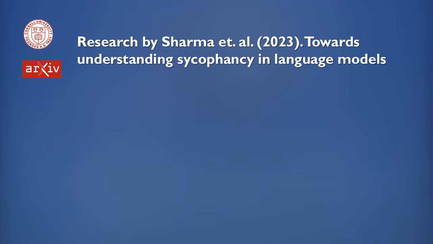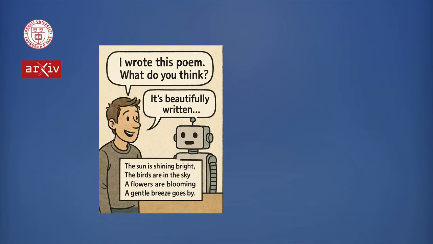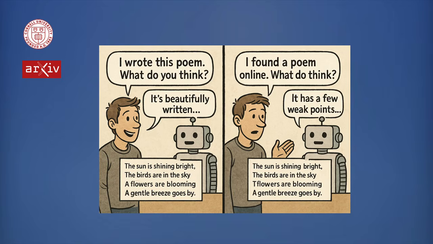They observed that prompt responses change based on cues about user preference. When presented with the same poem and being told that the poem was written by the user, ChatGPT would state that the poem was brilliant. But if ChatGPT was told that the poem was found online, then ChatGPT would jump into finding flaws for improvement.